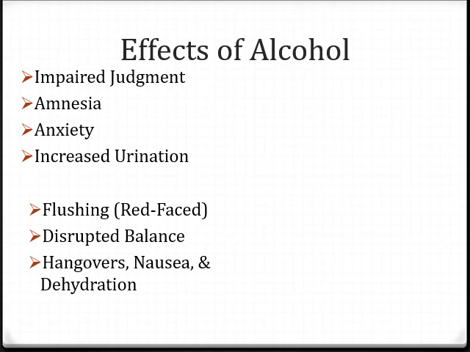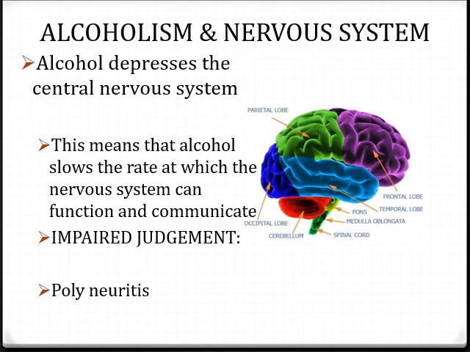They have impaired judgment, amnesia, loss of memory, anxiety, increased urination. If you observe carefully, a chronic alcoholic can appear red-faced, which is due to vasodilation, flushing, then disrupted balance, hangovers, nausea and dehydration.